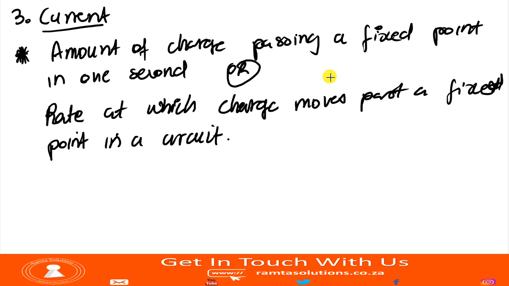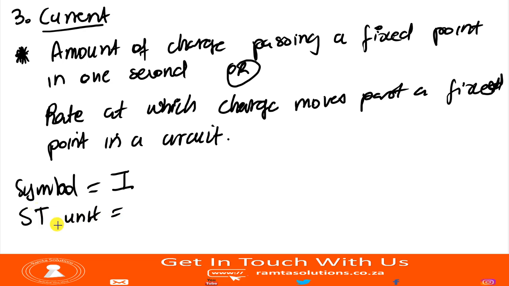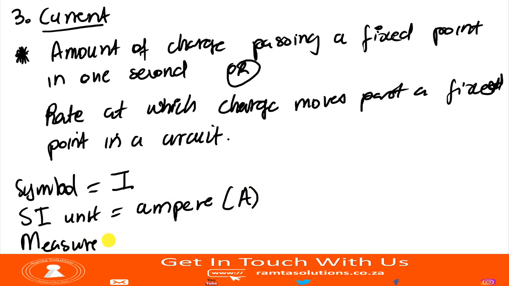Okay. Now, proceeding, there's something that I also want you to highlight when it comes to current. Its symbol is capital letter I. Its SI unit is ampere, capital letter A. It's measured using an ammeter.